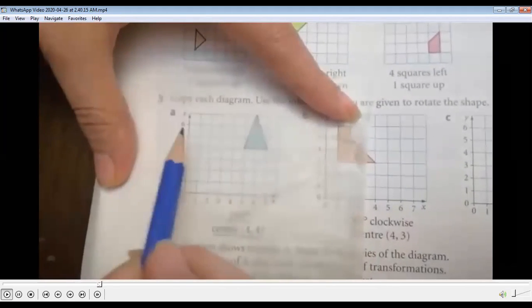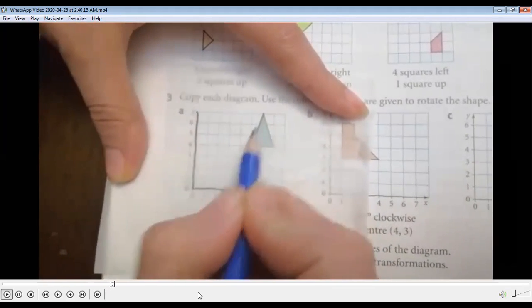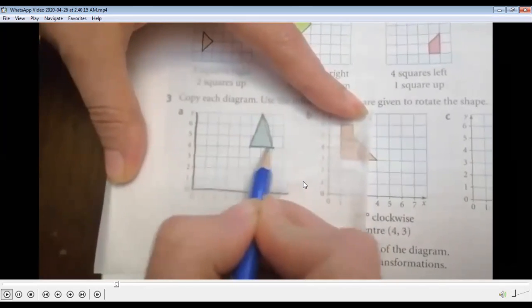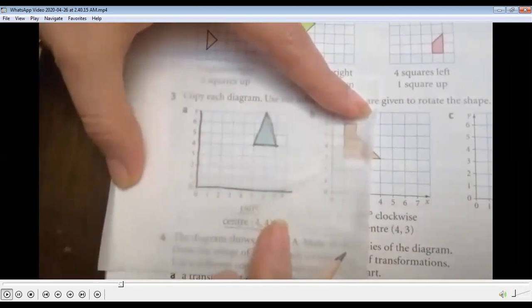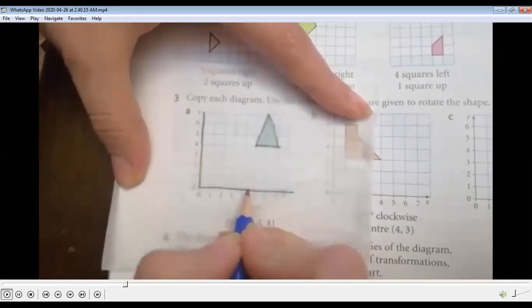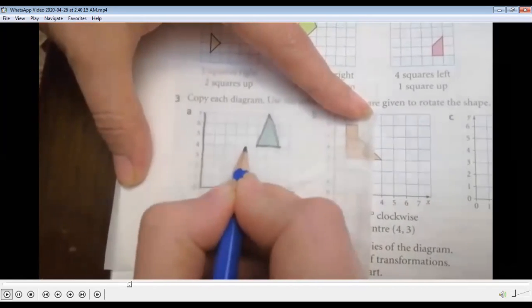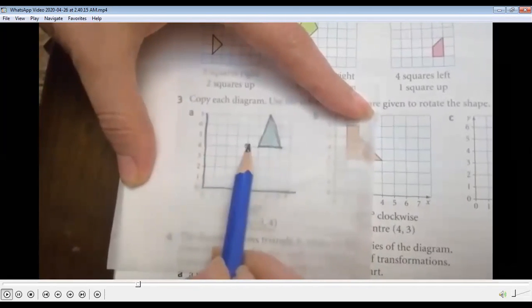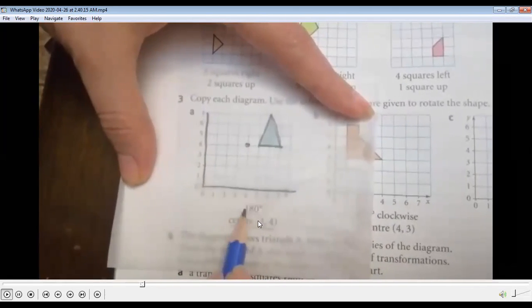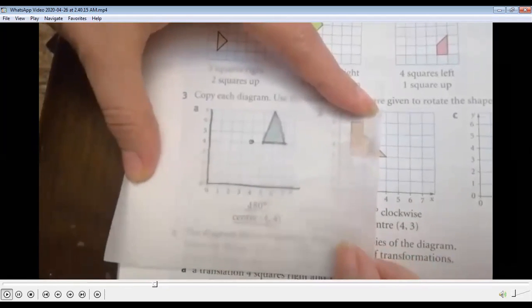Now you put your tracing paper over the shape. Of course, it's not important to draw the axis, but it's very important to draw your shape on the tracing paper and put the center. The center is 4, 4, so you just plot a point at 4, 4. And now they tell you 180 degrees. So how many turns? It's a half turn, meaning twice.